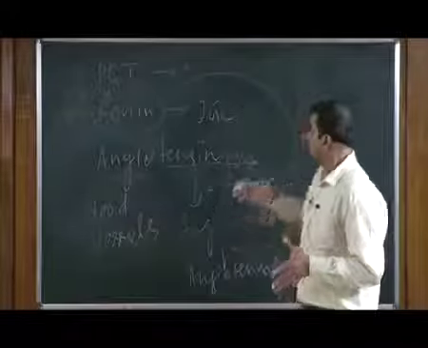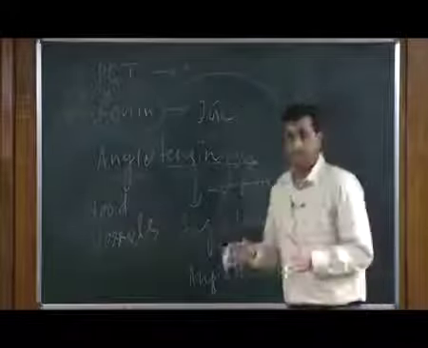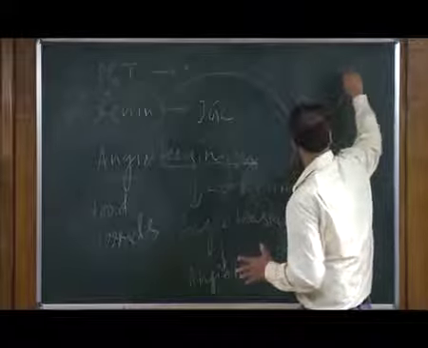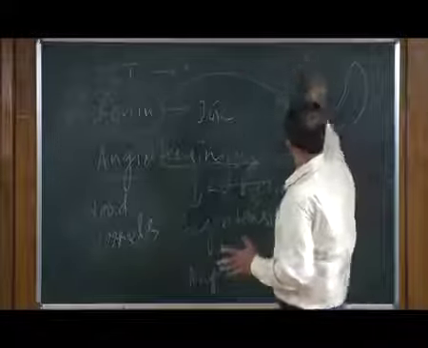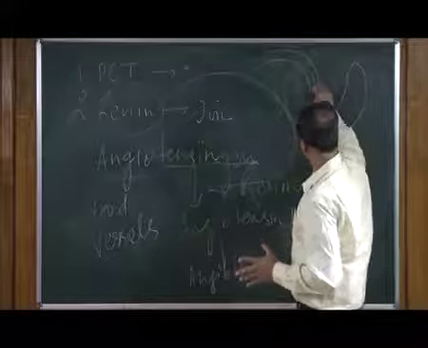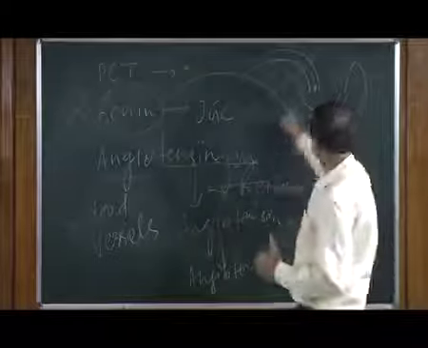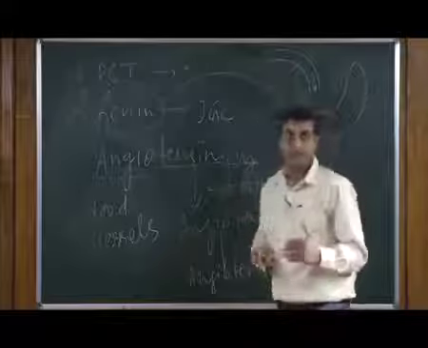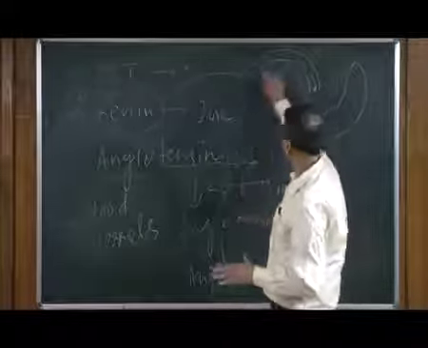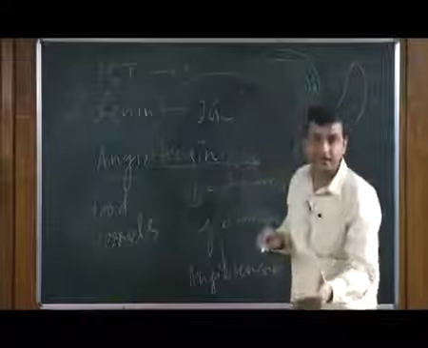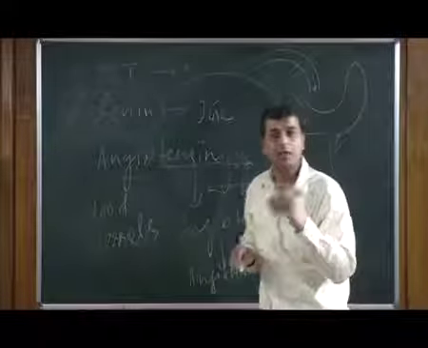How? Suppose we are just drawing a glomerular area here and the blood is flowing here in order to do filtration. If the blood flow towards the glomerulus is slow, if the blood flow is not appropriate, the filtration process will not be appropriate.